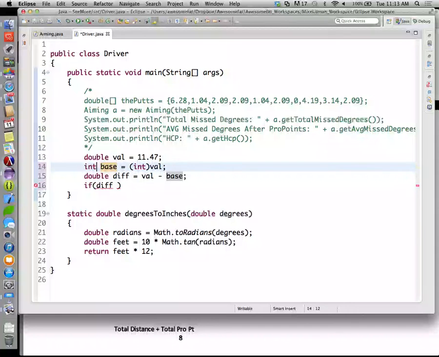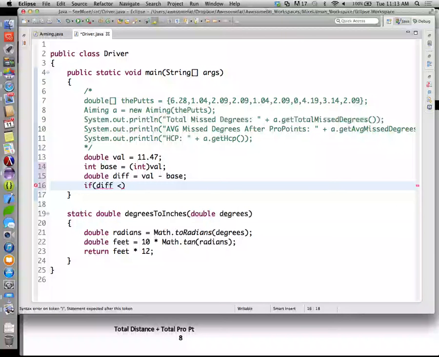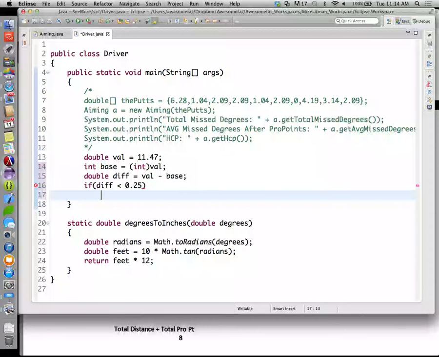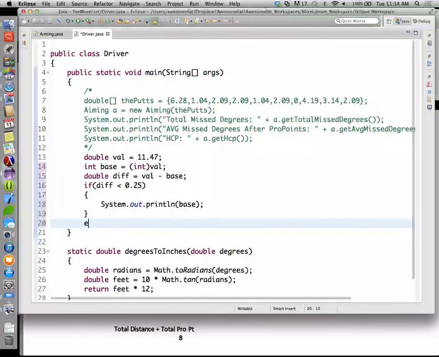Actually, this guy could be an int base. So if diff is less than 0.25, if that's a true statement, then what are we going to do? We will system.out.println base, just to display the stuff.